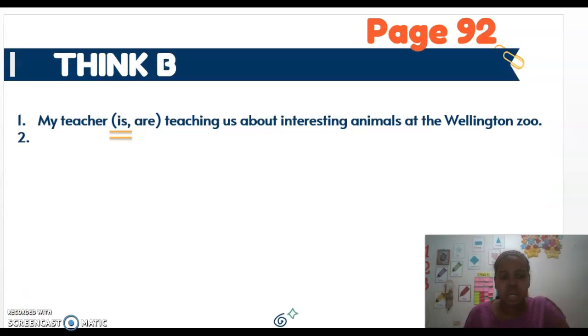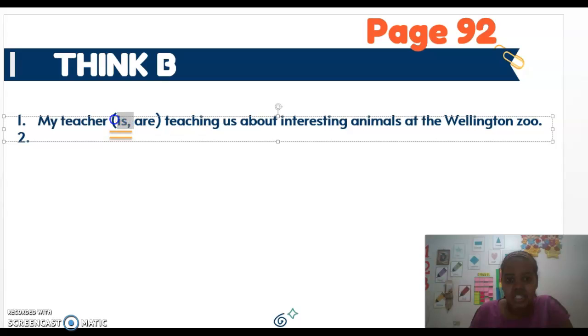So, my teacher is singular because it's just one teacher. My teacher is teaching us about interesting animals at the Wellington Zoo. So you're going to use is or are. Is, of course, because it's just one person. So it is singular. You're going to underline twice the correct form of the verb to be.